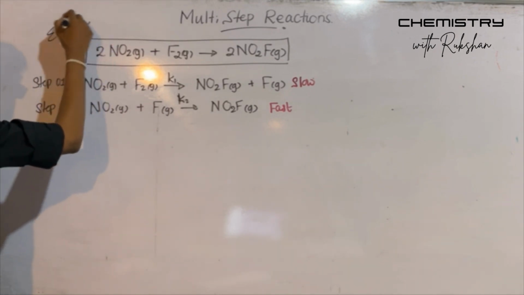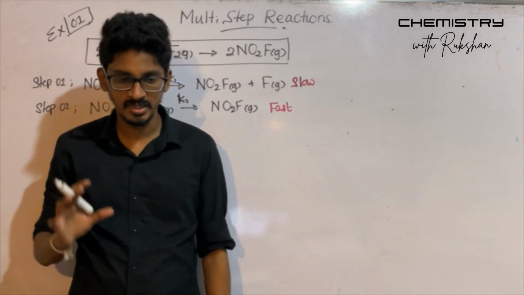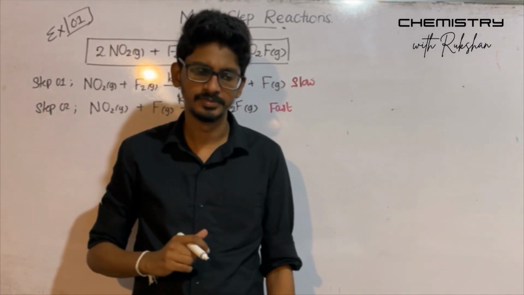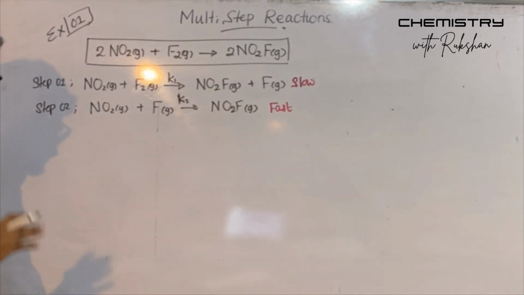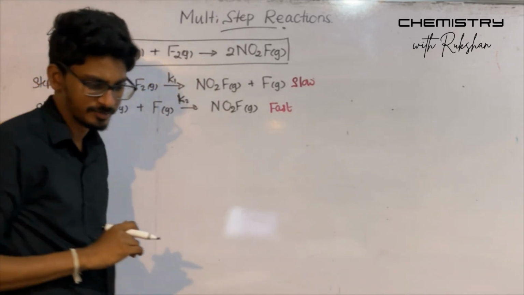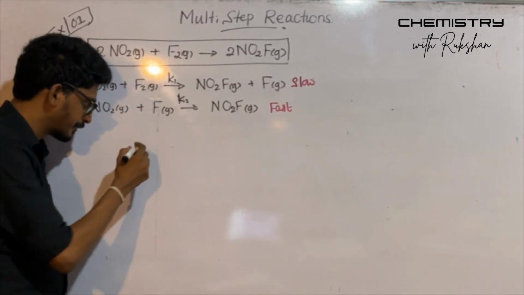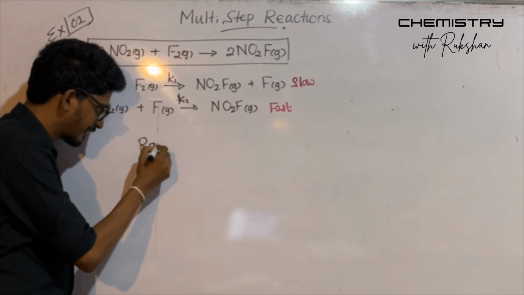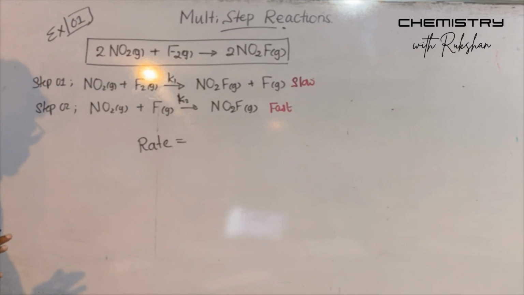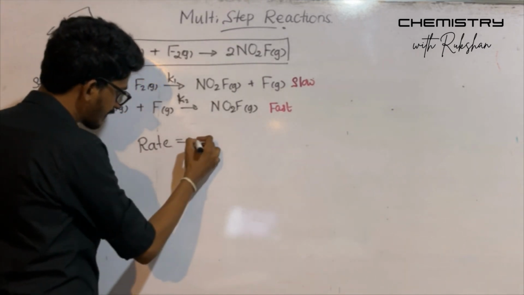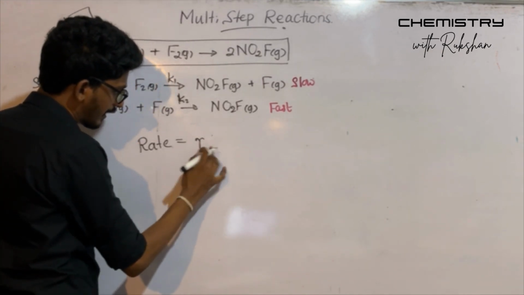We will study how to come up with the rate law with the use of this mechanism. It is very easy. You can write the rate of the overall process as the rate of the slower step.